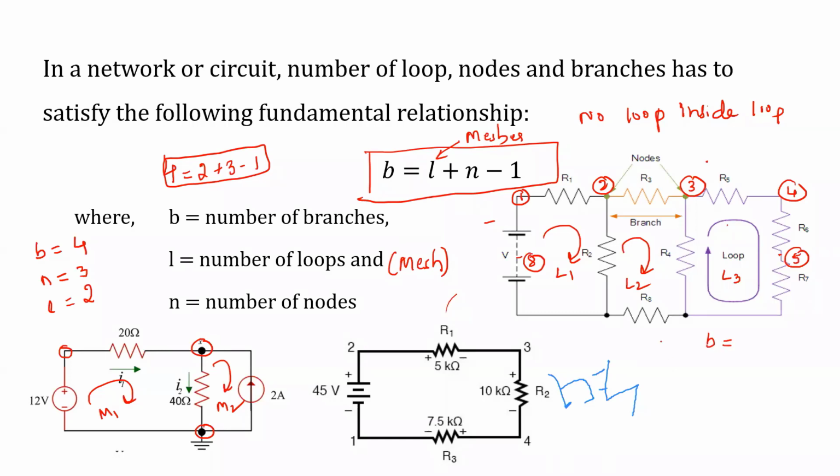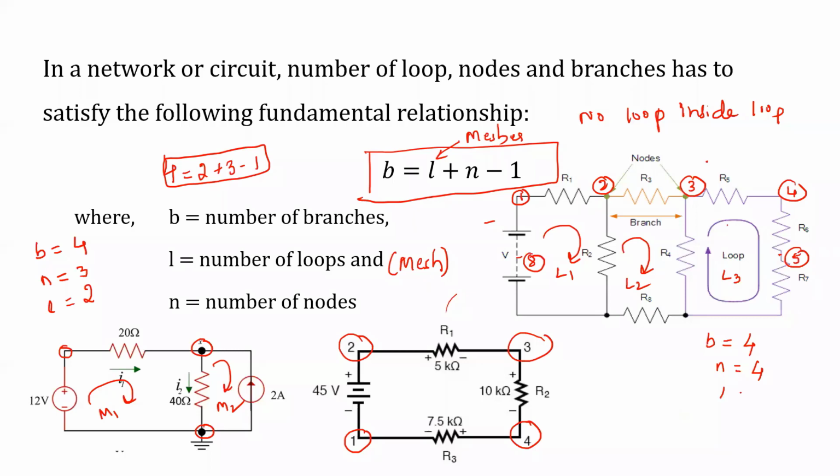Branches equals 4. Right answer, 4. Number of nodes. 4 nodes. Yes, it is already there in the figure itself. It is node number 1, 2, 3, or 4.